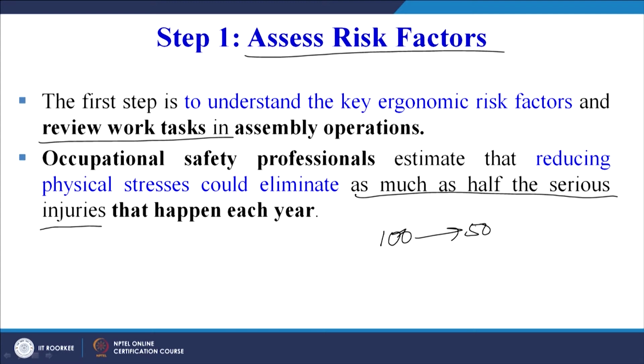But how can these be reduced? Occupational safety professionals estimate that reducing the physical stresses could eliminate them. So, we need to reduce the physical stresses that occur when the operator is performing the task.